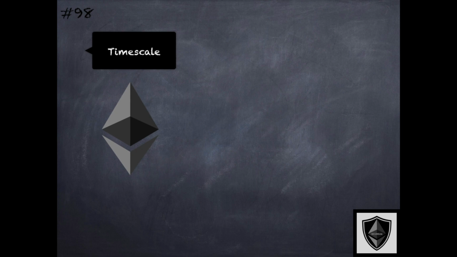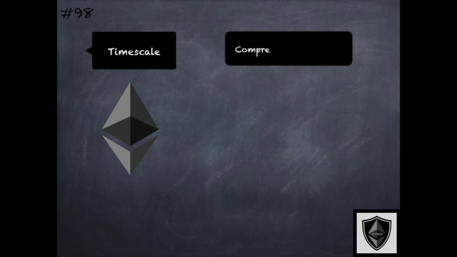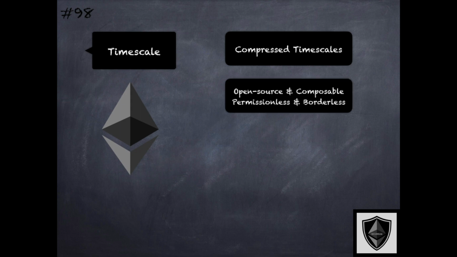Because of this, the time scale of innovation, although it seems really fast, exponential in some ways, smartphones, 15 years, PCs, Moore's law, all that good stuff, those time scales are really long when you compare that to the compressed time scales of innovation that happen in the Web3 world, and specifically Ethereum.